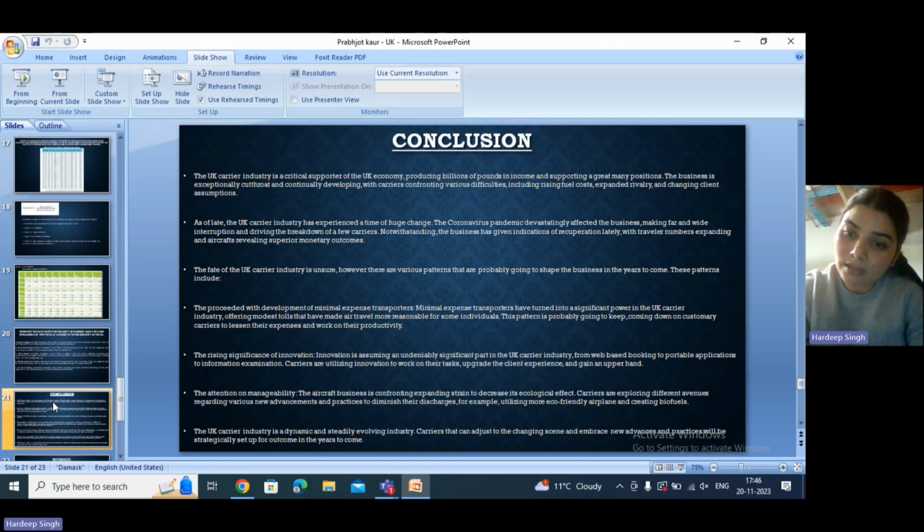If we look at the past years, the industry has hiked its prices, so it really impacts clients' choices. Sometimes the management overlooks the clients' expectations, and sometimes they do not cope with emergencies. These are the basic things we need to check, and I checked them while making the plan. The UK airline industry is a dynamic and steadily evolving industry that can adjust to the changing scene and embrace the difficulty.